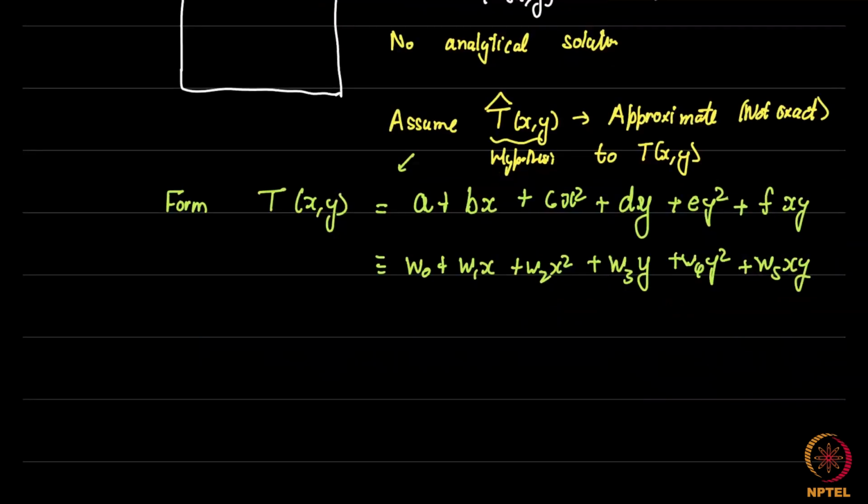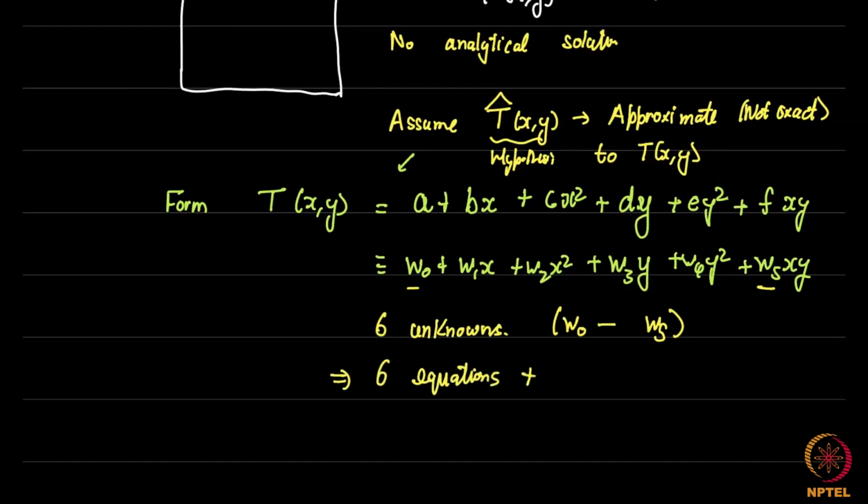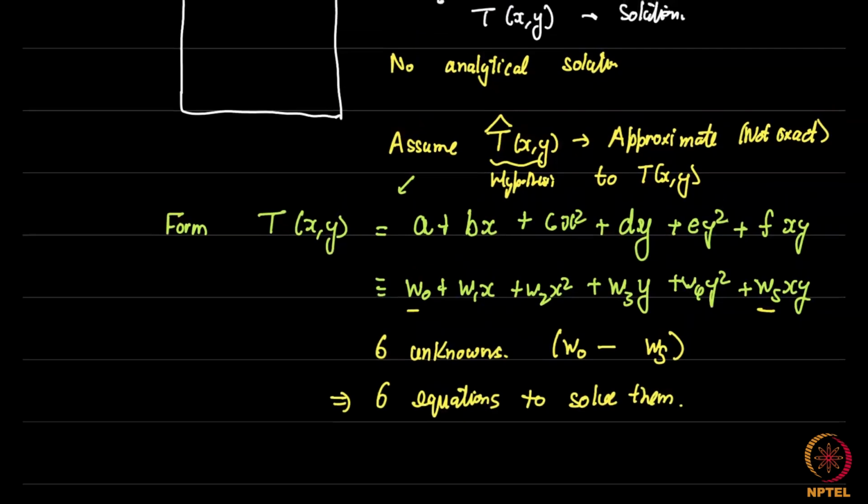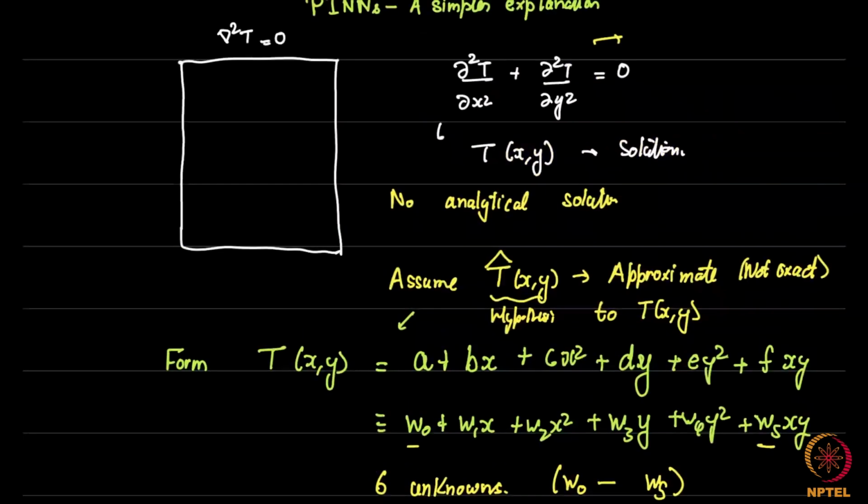Now, the number of unknowns here is 6. We have w0 through w5, which are not known, which would mean we need 6 equations to solve them. If you need 6 equations, there are several ways of doing so.